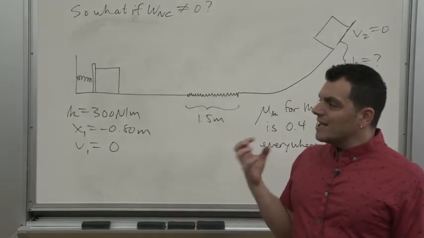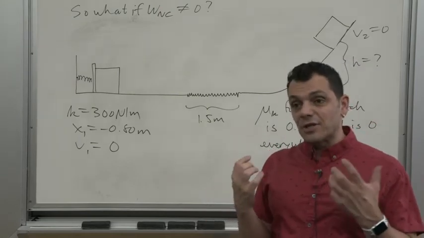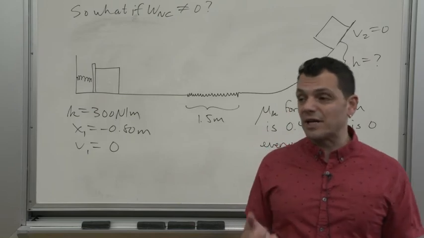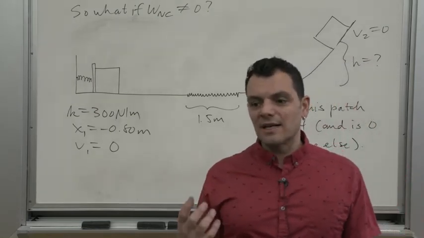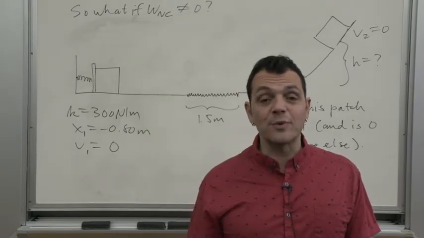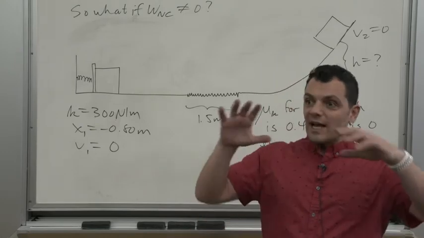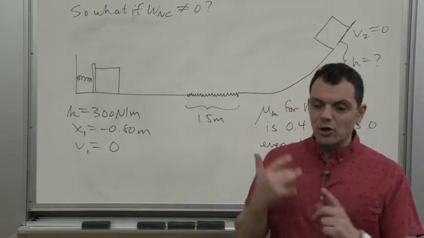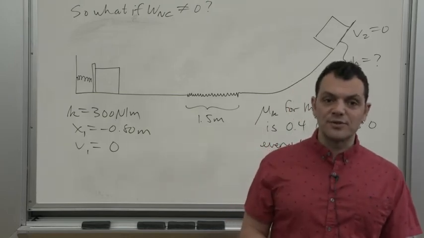But the internal energy of the object, which is the energy due to the molecular jiggling of the object, does not qualify as one of the components of total mechanical energy. So we say that total mechanical energy is lost. However, energy, if you include total mechanical energy and internal energy, is still conserved.